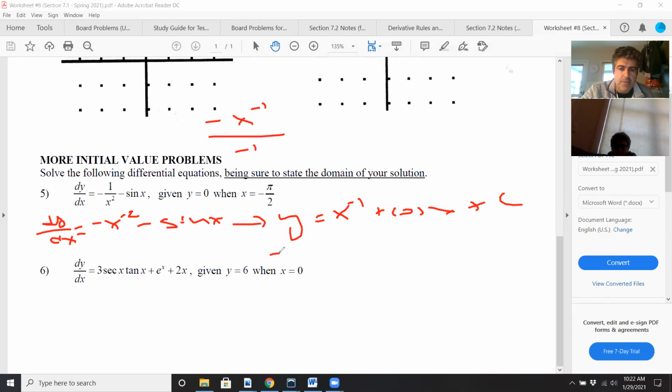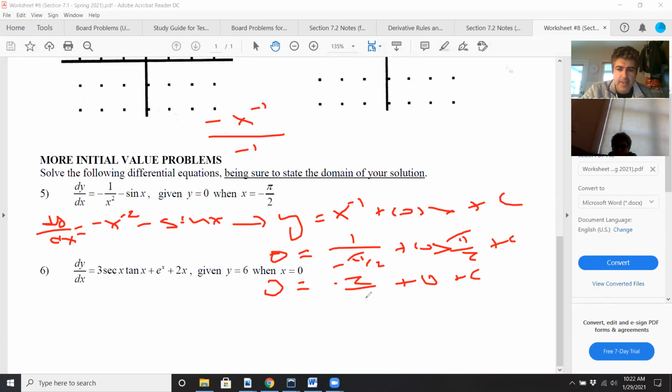Then you plug in pi over 2 for x and 0 for y, and that's 1 over x, so it's 1 over pi over 2, plus cosine of pi over 2, plus c. But cosine of pi over 2 is 0. That's 2 over pi. Excuse me. So c equals -2 over pi.